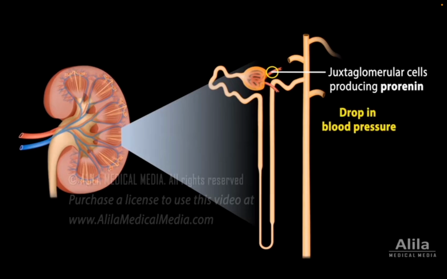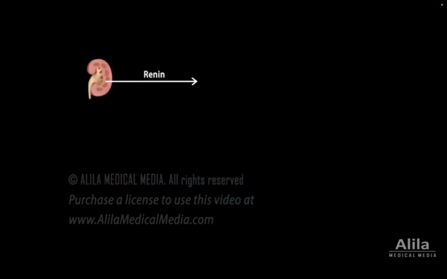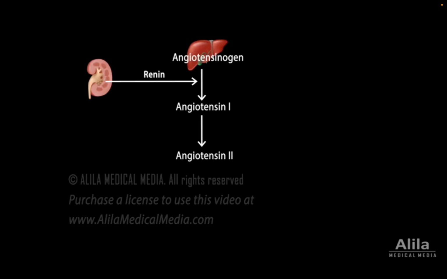Upon activation by a drop in blood pressure, pro-renin is cleaved to form renin, which is released into the blood. Renin converts a plasma protein called angiotensinogen, produced by the liver, into angiotensin 1, a peptide of 10 amino acids. Angiotensin 1 is further converted into angiotensin 2, an 8 amino acid peptide, by the angiotensin converting enzyme, ACE, predominantly present in the lungs and kidneys.